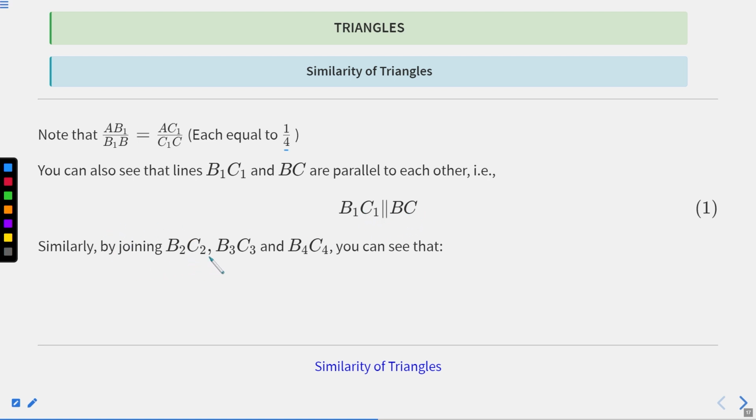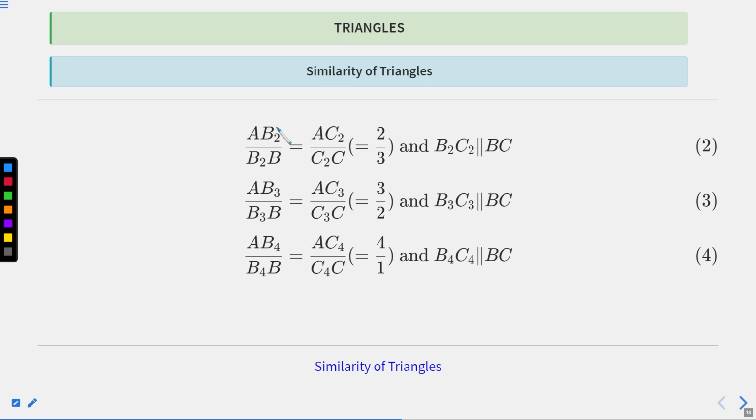Similarly, by joining B2C2, B3C3 and B4C4, you can see that the ratio AB2 divided by B2B is equal to AC2 by C2C, since both are equal to 2 by 3.